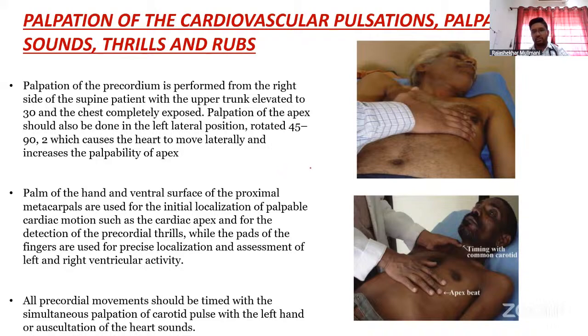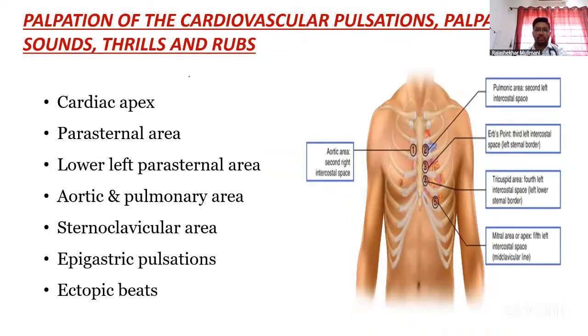Then for the precise localization, I'm going to use my fingertips while simultaneously palpating the carotid artery to time it. This is very, very important. So where are you going to palpate? First, you are going to palpate the cardiac apex, that is the presumed cardiac apex. Then you need to go to the lower left parasternal area, then the aortic and pulmonary areas, the sternoclavicular area, epigastric pulsations, and ectopic beats if there are any. So that is how your system should be.